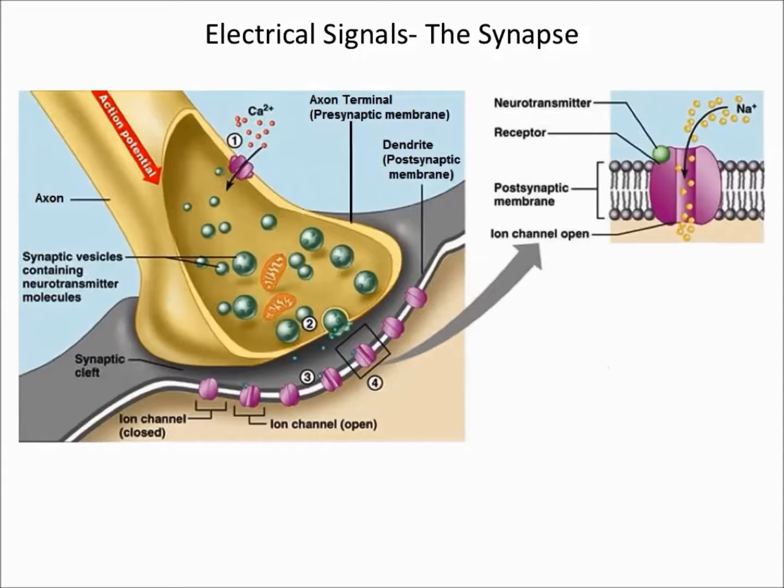When the synaptic vesicles fuse to the presynaptic membrane, they release their neurotransmitter into the synaptic cleft. That neurotransmitter will then bind to a chemical-gated sodium ion channel on the dendrite of the adjacent neuron. When this channel is open, sodium ions are allowed to diffuse across the dendrite's membrane. It's the diffusion of sodium ions across this membrane which generates a graded potential.